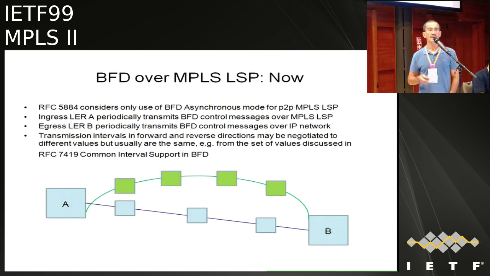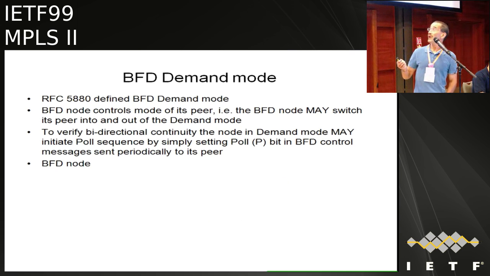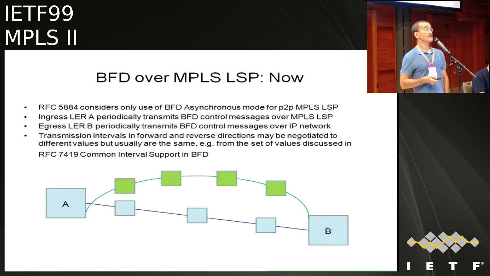So the proposal here is that the far end node, node A, bootstraps the session with a BFD discriminator, and node B sends a BFD control packet with its BFD discriminator, and they start forming the session in asynchronous mode.